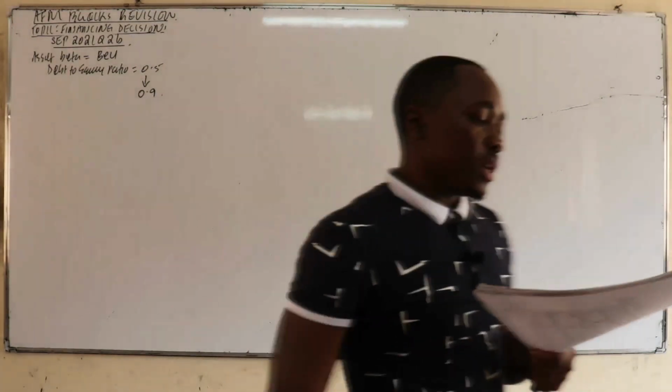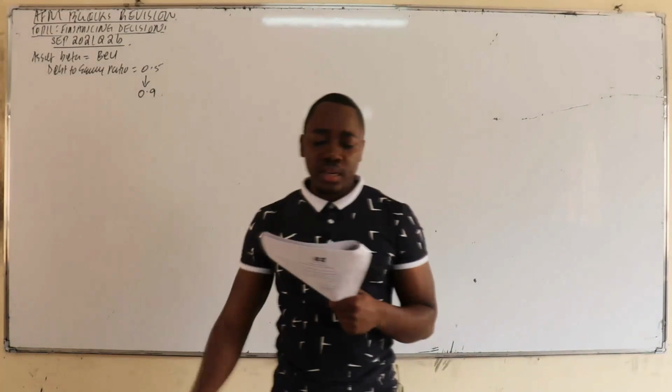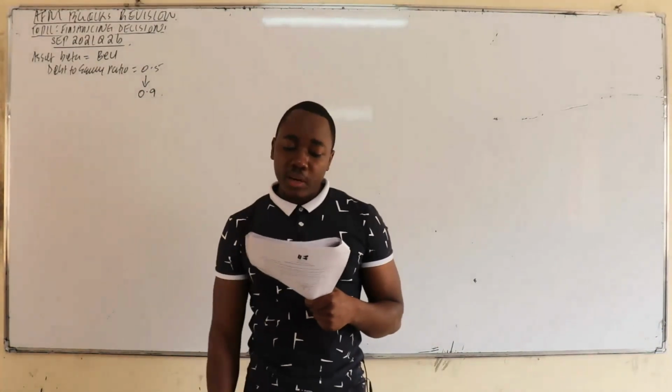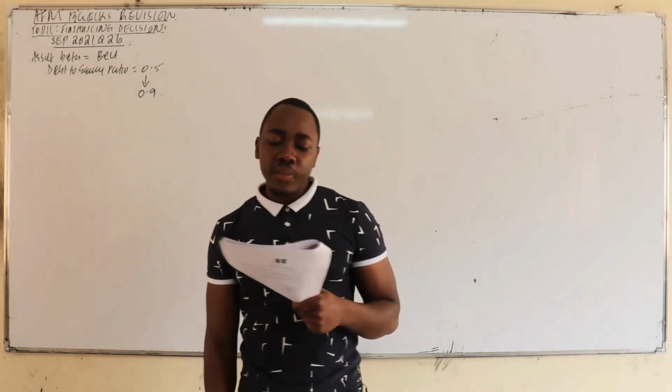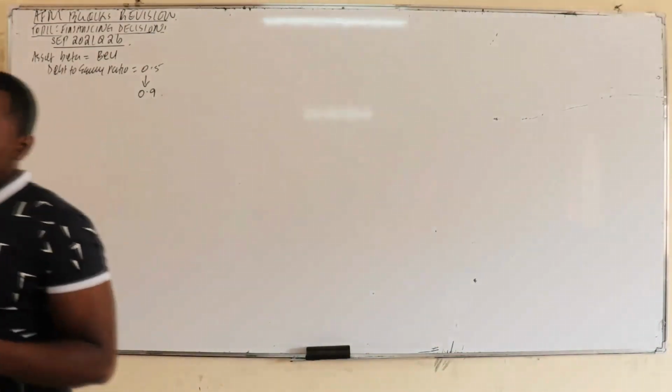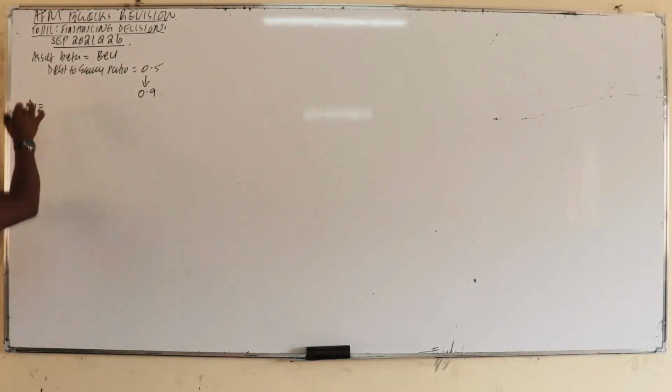Additional information. The risk-free rate is 6%. Return on the market portfolio 14%. The firm adopts a 60% payout ratio and expects to generate earnings per share of 6 in the current financial year. So D1, what's D1? That's the expected dividend, right?